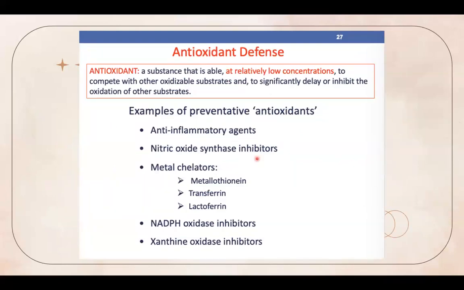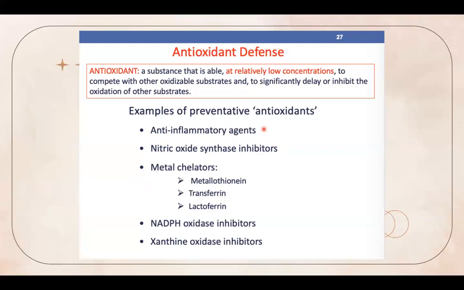So the antioxidants, they have anti-inflammatory agents, they have nitric oxide synthase. Let's say the body is not able to efficiently have its defense system work. So we can also help. We have anti-inflammatory agents. Remember, paracetamol is an anti-inflammatory, ibuprofen is one of them. They all resolve these ROS. We have nitric oxide synthase inhibitors.